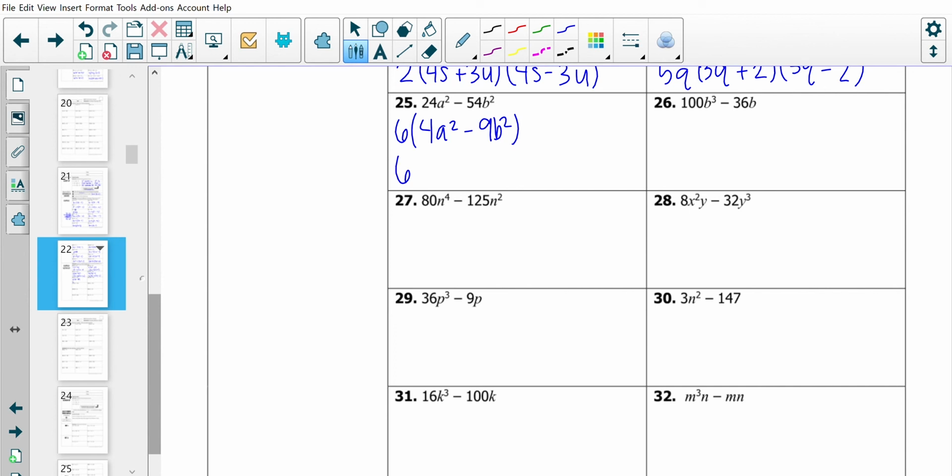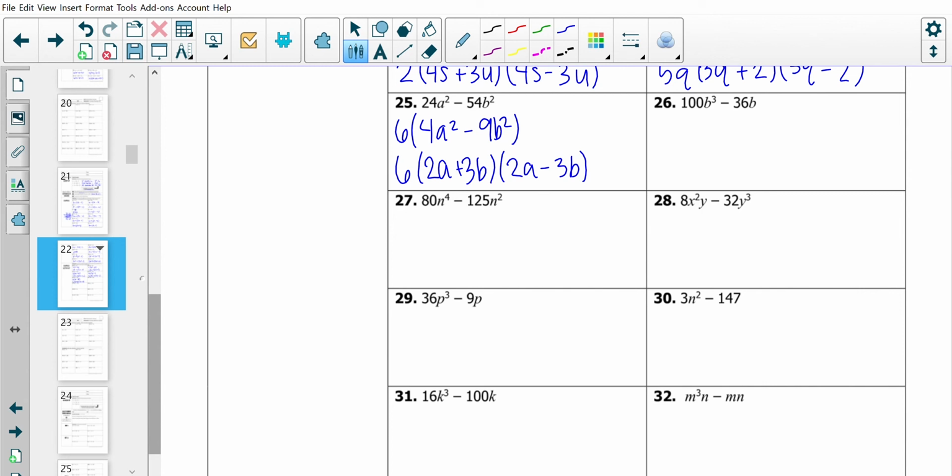I bring down my 6. Square root of 4 is 2. You split your a, and then you have minus square root of 9, plus 3 minus 3, b squared. I end up with 6 times 2a plus 3b times 2a minus 3b.